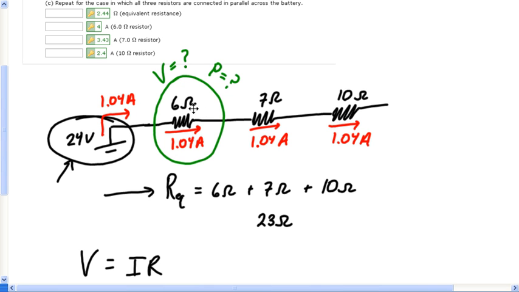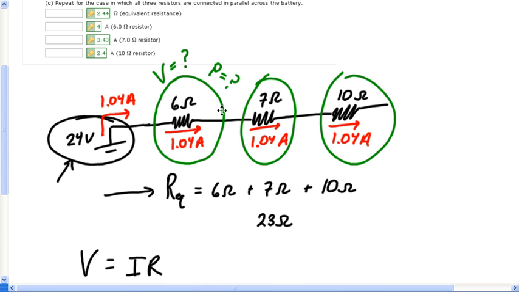And so that would be the only other question we might be asked. And it could ask us this same question around every single resistor. It could ask us to find V, and it could ask us to find P on any one of these.